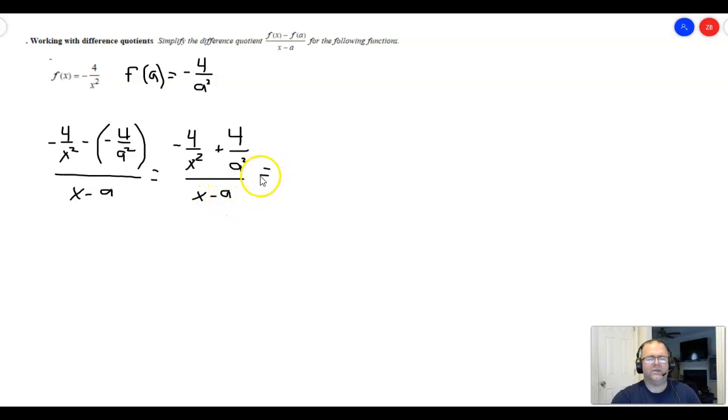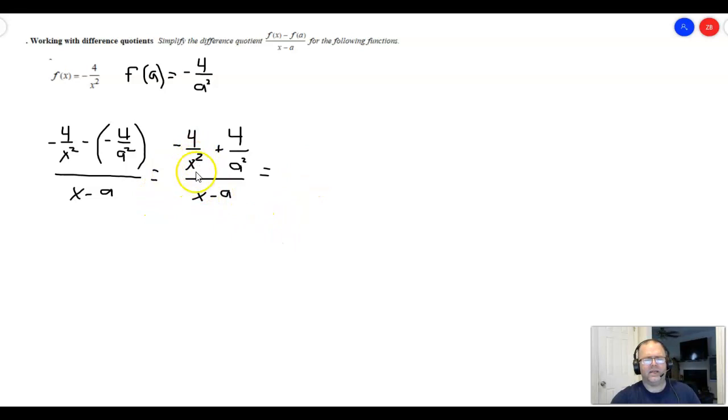Alright, the next thing I want to do is combine these two fractions, which means I need a common denominator. And often when we're dealing with denominators that have variables in them, we're just going to multiply those two denominators together to get that common denominator. So x squared and a squared, if we multiply those two together, we just get x squared times a squared. So that's going to be my common denominator.